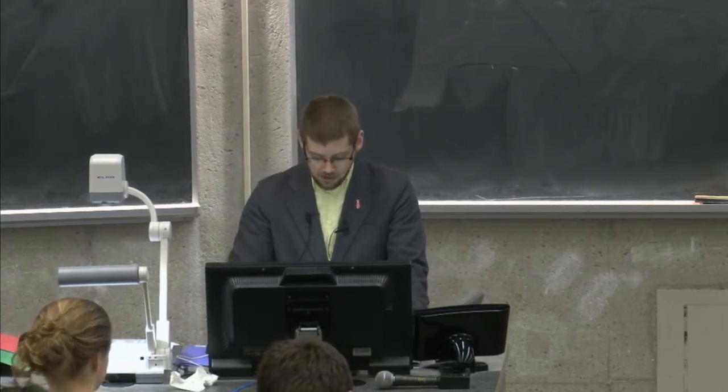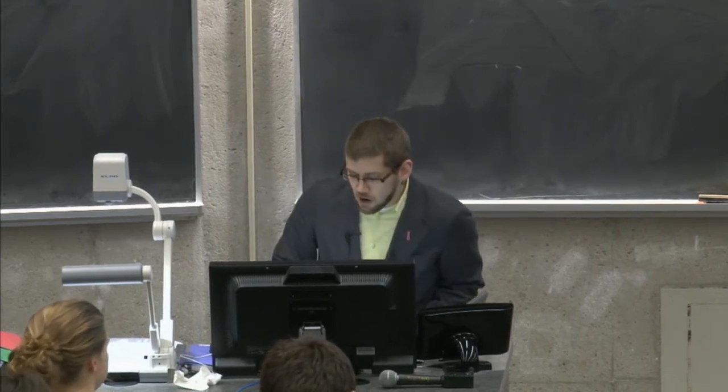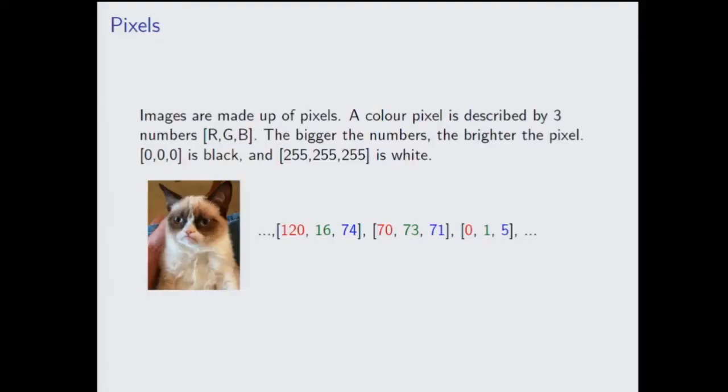a single pixel of the image is represented by 3 numbers. So a more illustrative version of what Grumpy Cat looks like to a computer is groups of 3 numbers in a big long list. Each one of the groups represents 1 pixel. Each pixel's got a red value and a green value and a blue value. Like this pixel here has got a bunch of red, not so much green, and a little bit of blue.